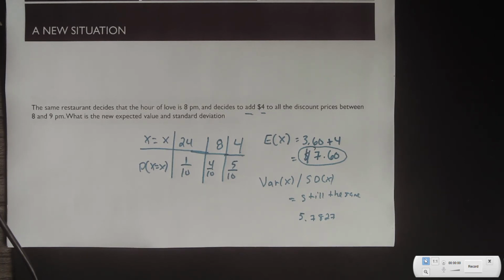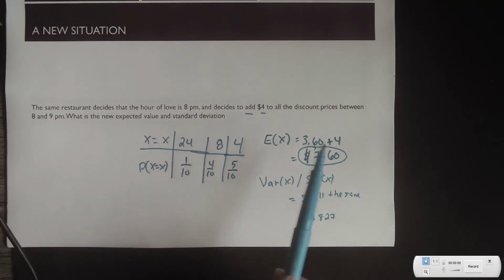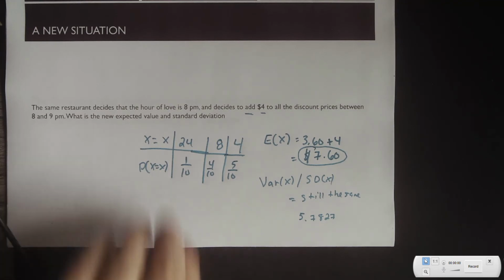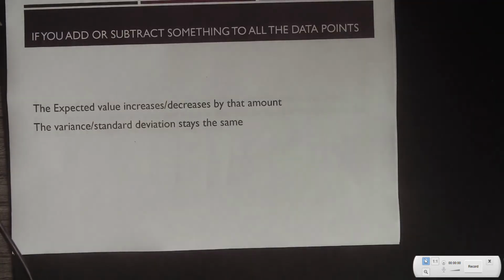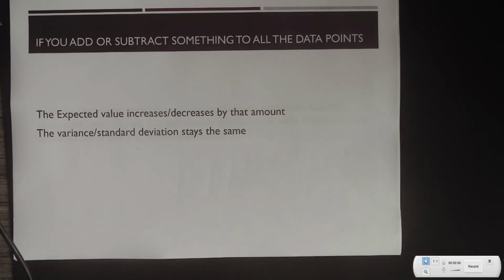And the distance between the points has not changed. It's still the same length away. Therefore, the standard deviation doesn't change. Remember, standard deviation is an average distance back to the mean. And there's just those rules for you again. The expected value increases or decreases by that amount, and the variance and standard deviation stay exactly the same.